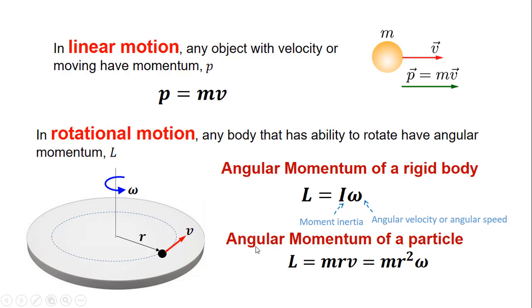But if we want to just focus on a particle on the rigid body, then the angular momentum will be calculated using mrv, whereby m is the mass of the particle, r is the distance from the axis of rotation, and v is the velocity of the particle.